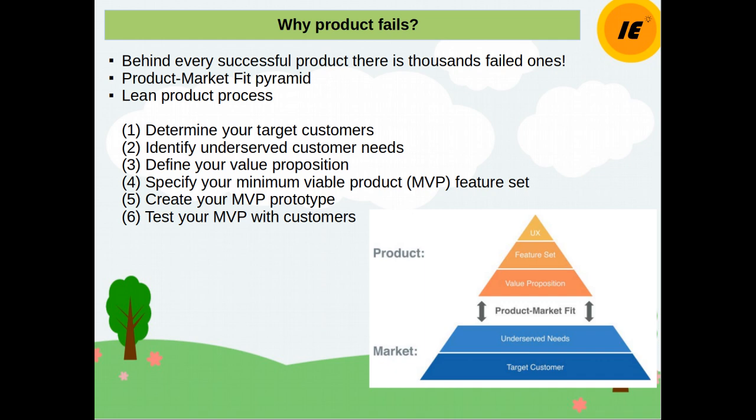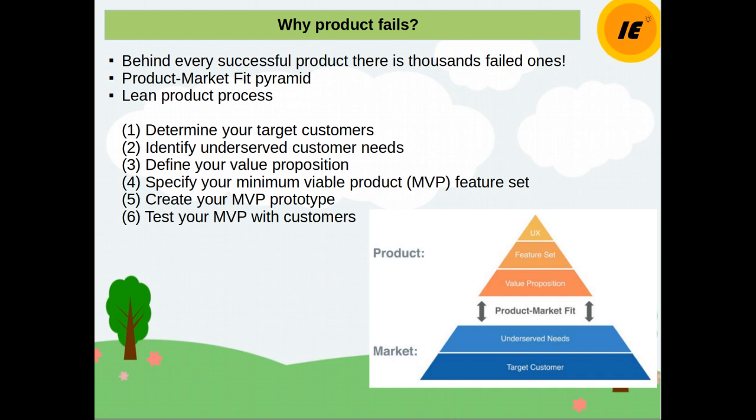So when we analyze the root cause of why products fail, a common pattern emerges. The main reason products fail is because they don't meet customer needs in a way that is better than other alternatives. This is the essence of the concept called product market fit.